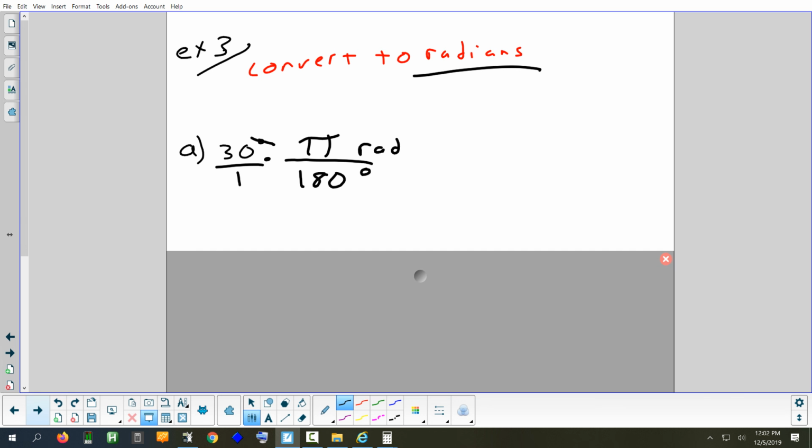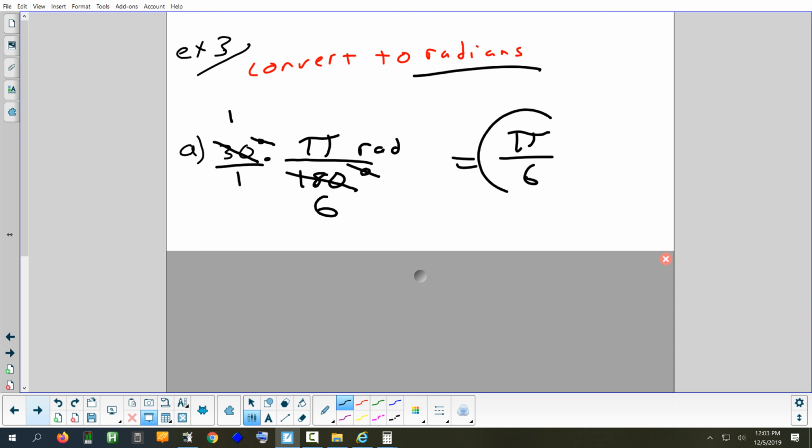Now, degrees in the top, degrees in the bottom cancels out. And does 30 go into 180? How many times? 6. 30 goes in once, goes in 6, and that's how you leave your answer.